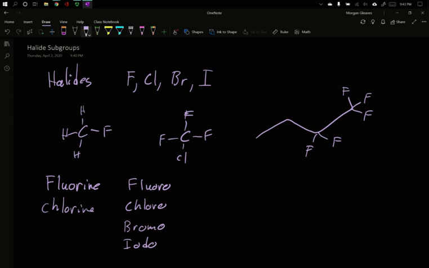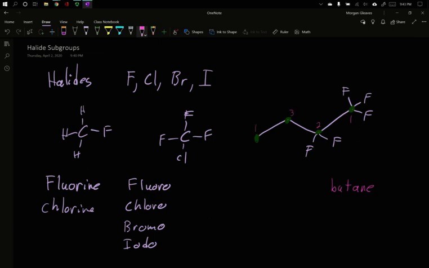So how would we name this example molecule over here? Well, it's got 1, 2, 3, 4 carbons. So it's going to be a bute. And the carbon-carbon bonds are all single bonded, so it is a butane. But we want our groups to be as small as possible.